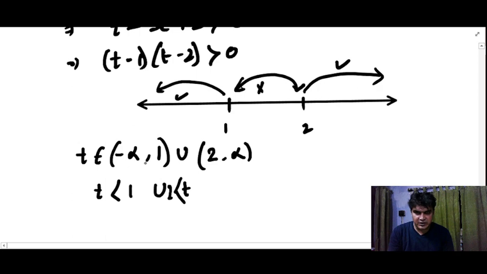From the left interval, t lies between minus infinity and 1, that means t is less than 1. From the right interval, t lies between 2 and infinity, that means t is greater than 2. This is what we are getting, right?